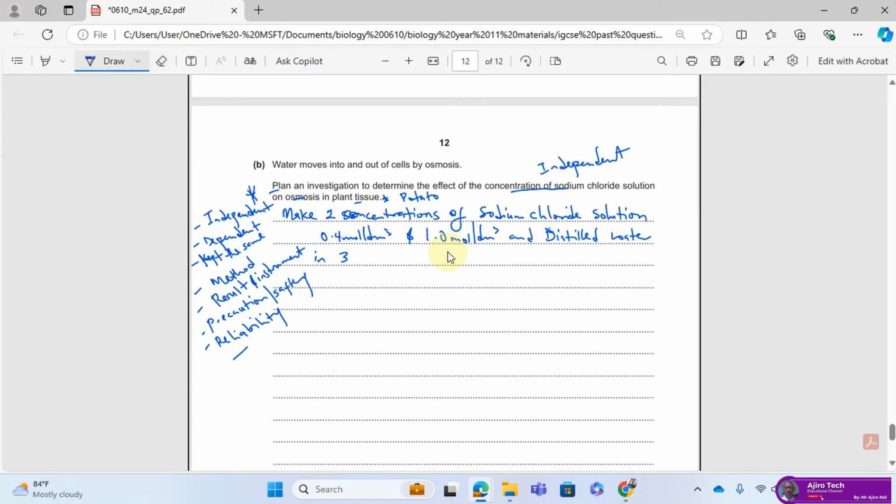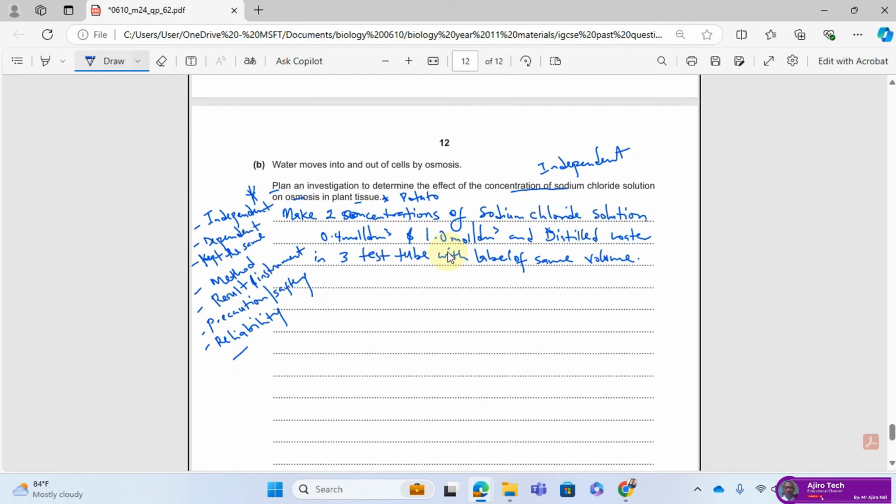These are planned in 3 test tubes, with labels, of same volume.